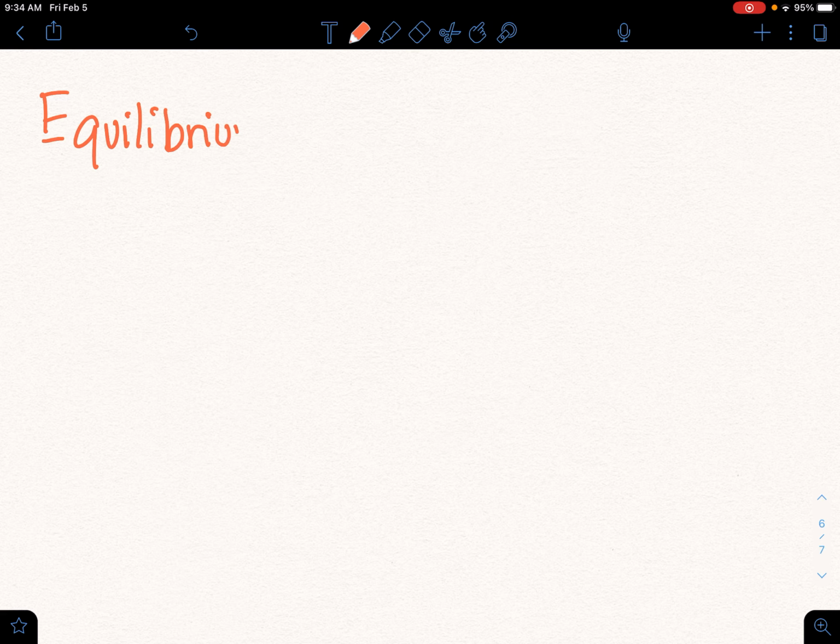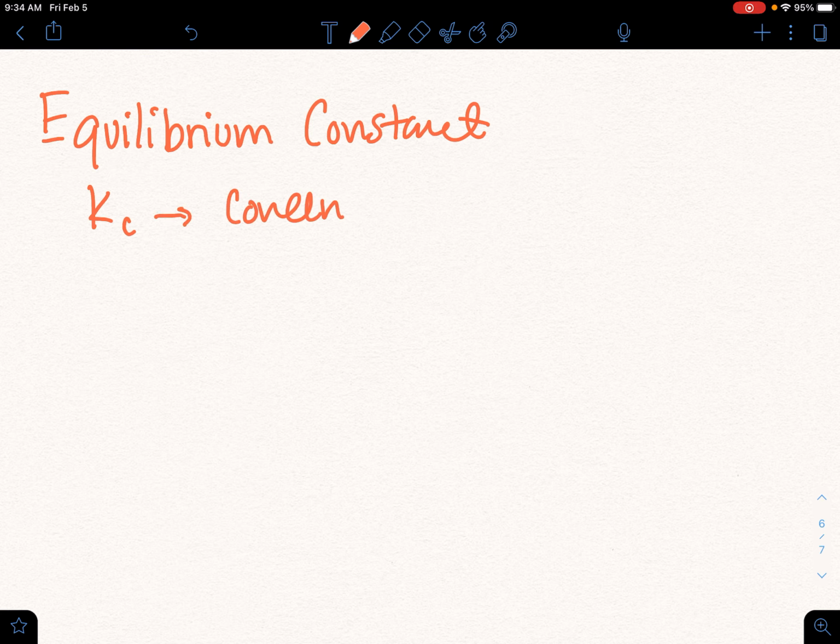Let's talk about the last thing, equilibrium constant. So we have Kc, which is related to concentration, right? You can just label that whenever you're dealing. Later you're going to be dealing with multiple types of concentrations and different types of Ks. We have Kc, which represents the equilibrium constant of concentration.